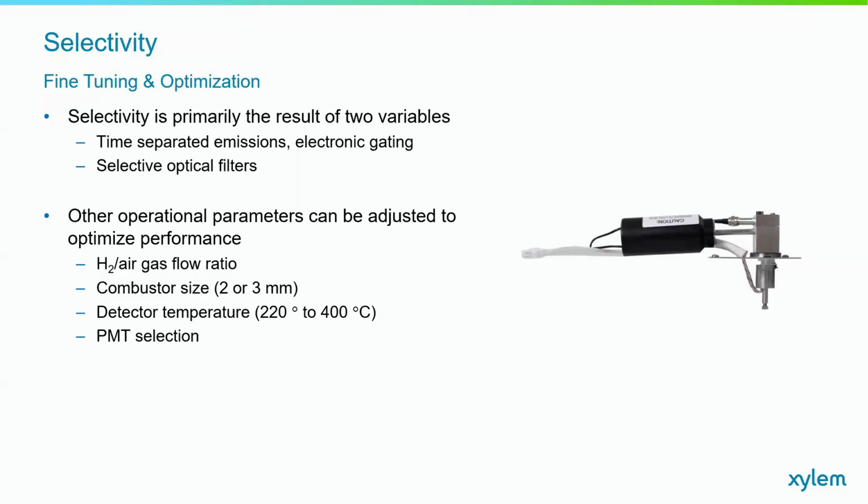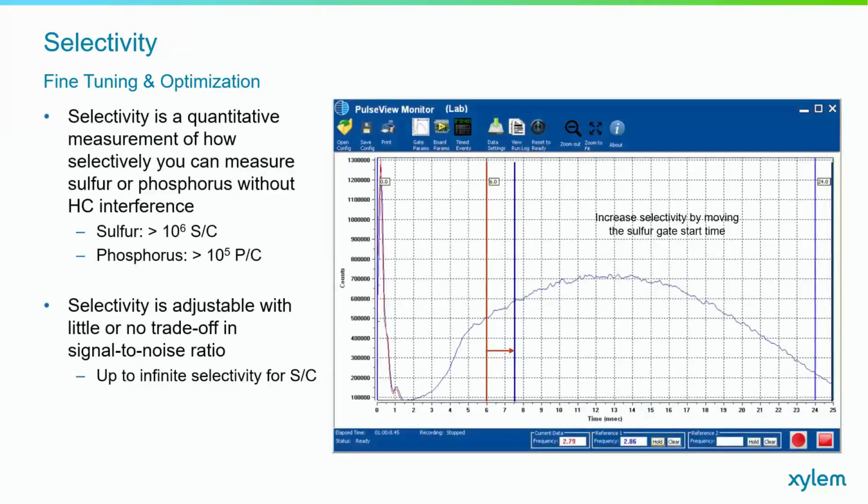Other parameters that can be adjusted include your gas flow ratio, the size of your combustor, the temperature of your detector, and the selection of the photomultiplier tube. So it's a very customizable system, which is why we detail parameters in our application notes so that an end user can replicate the data that we're seeing with the same configuration.